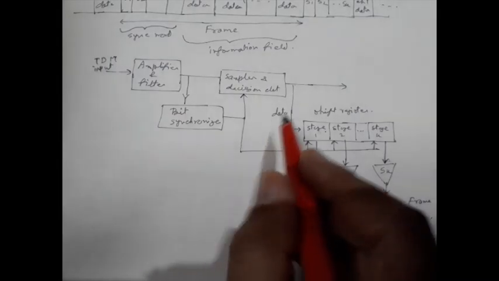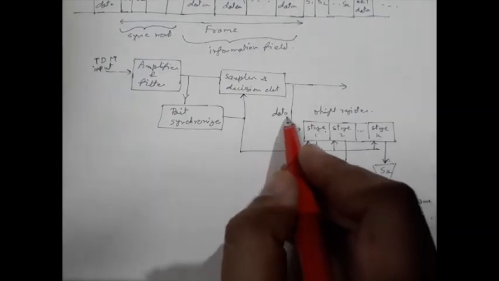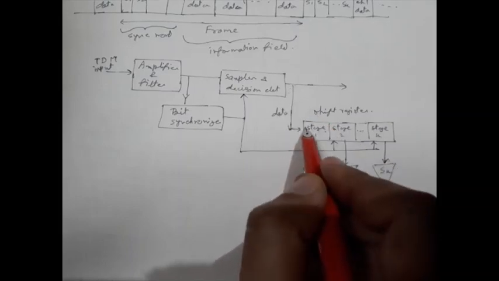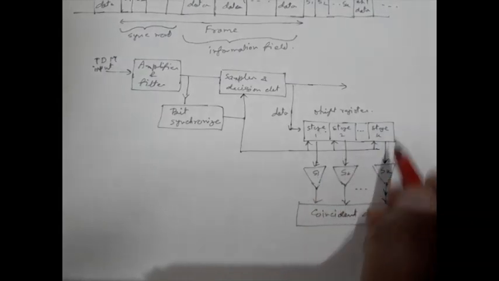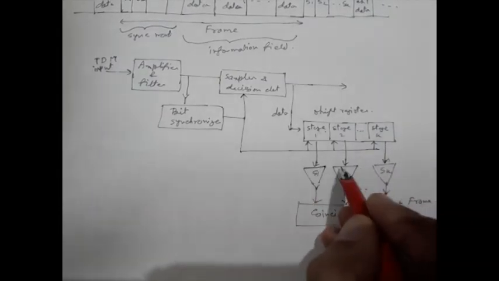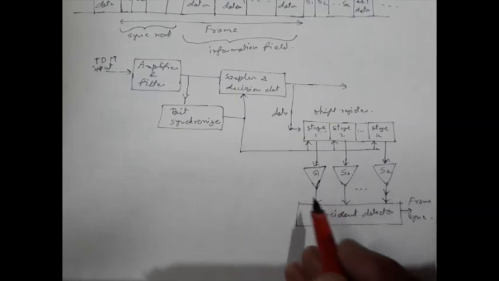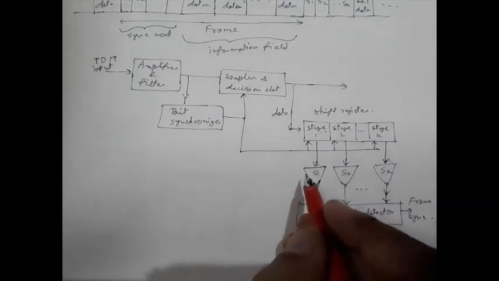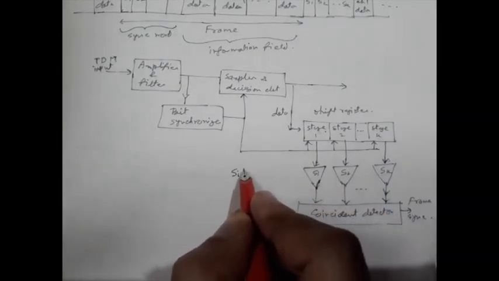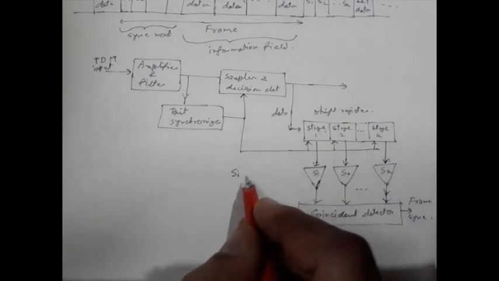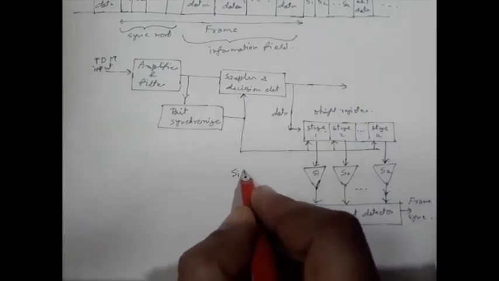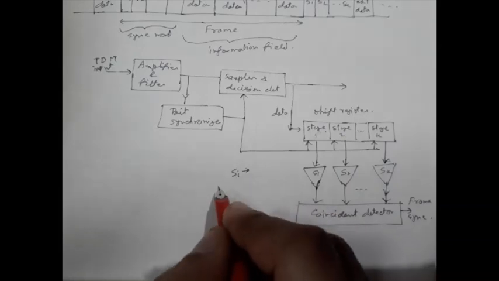So what happens when we are getting the data, and data is entering through these stages, and we are getting the output here. Now S1, S2, SK, etc. are nothing but either a short or a NOT gate, depending on whether the ith term of this sync word is 1 or 0.